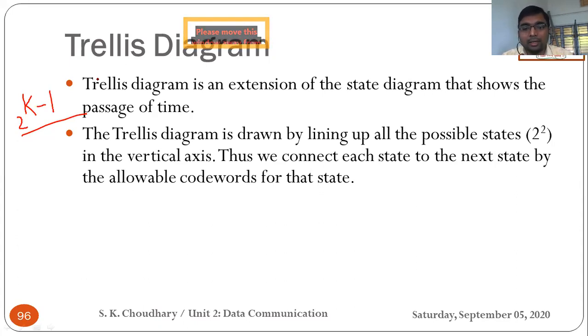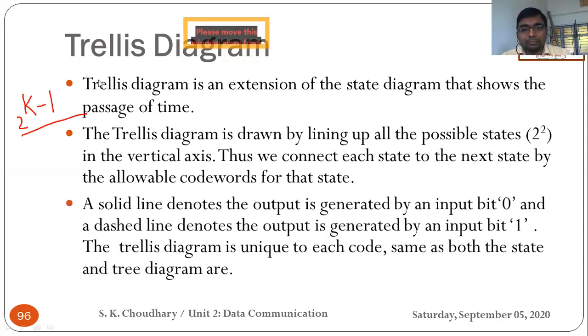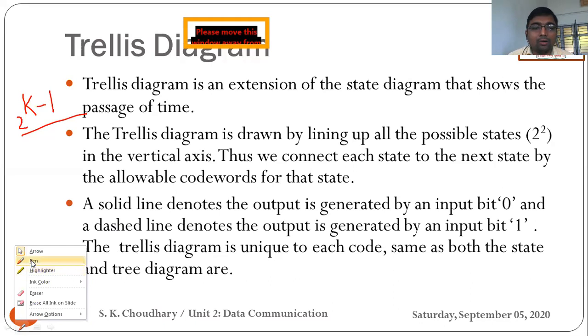You have to draw this. There is drawing involved, and there is mathematics involved in this particular process. So in the trellis diagram, a solid line indicates the output is generated by an input 0.